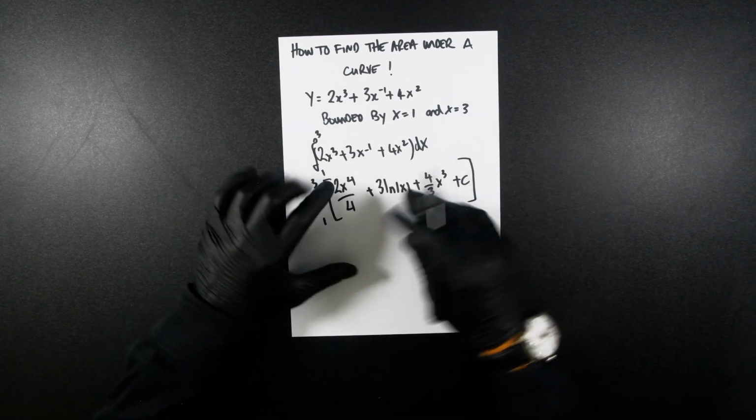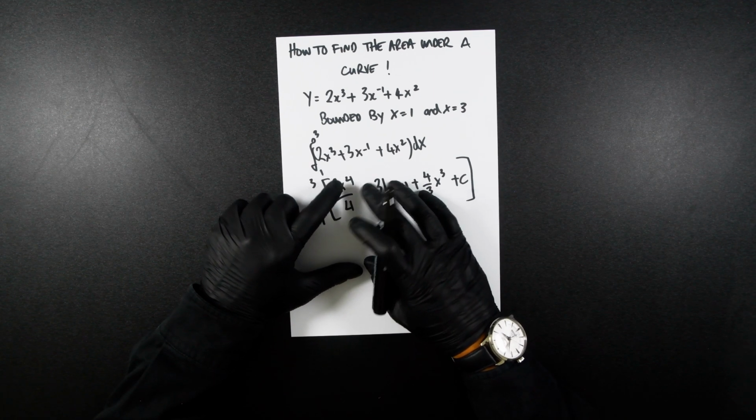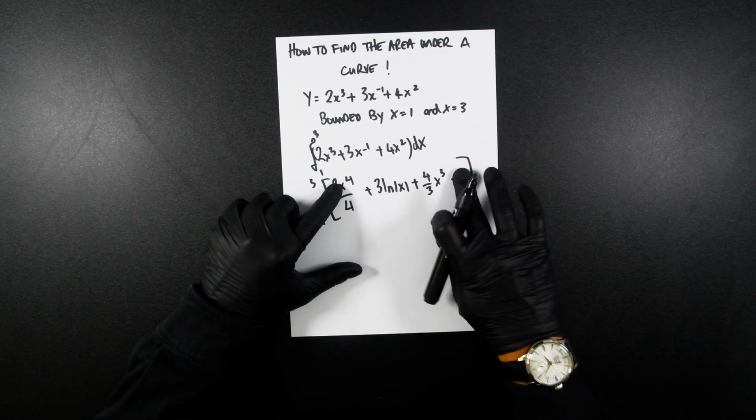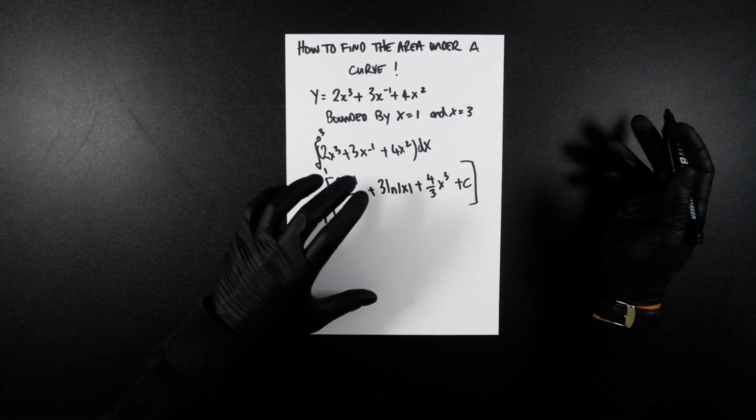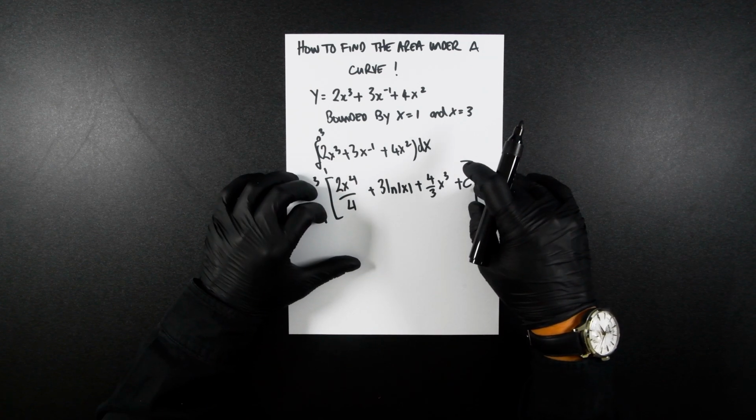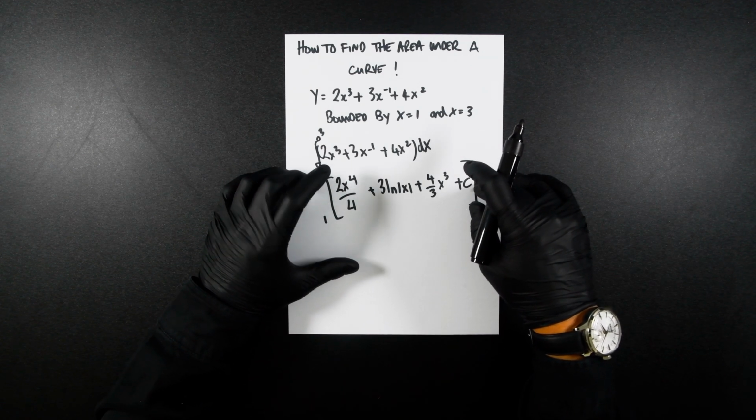So let's plug in. What you do is you plug in all of these terms. You can kind of forget the constant for now, the value of 3, and you subtract that from all of these terms when substituted in for 1.